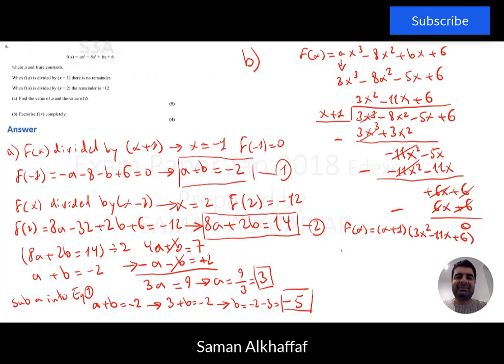We can have the function represented in the form x plus 1, and for the second term, 3x minus 2, and we also have another bracket which is x minus 3. This will be our answer for the complete factorization of f(x), and this will be our answer for this question.